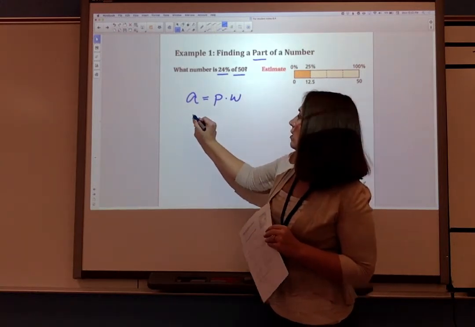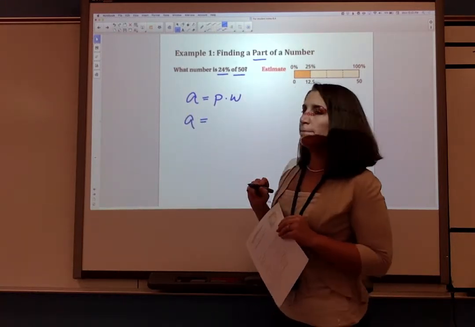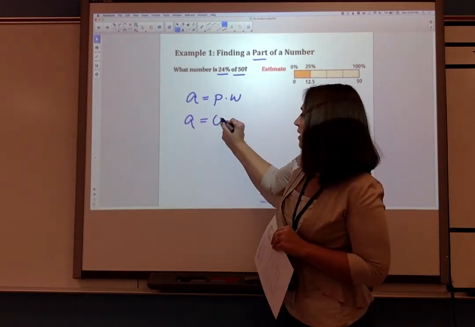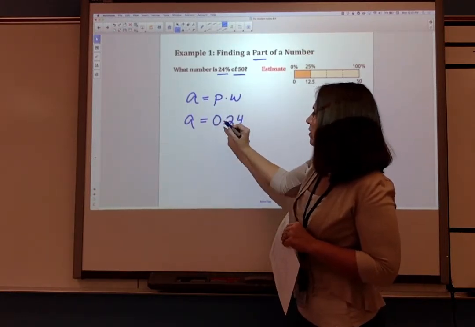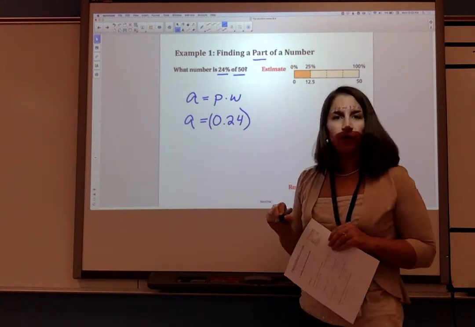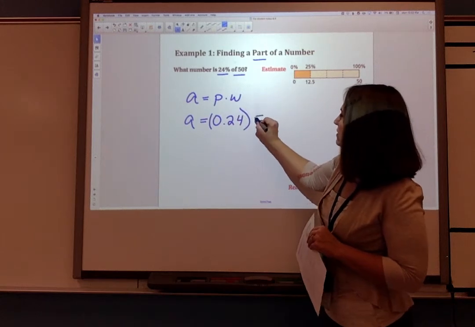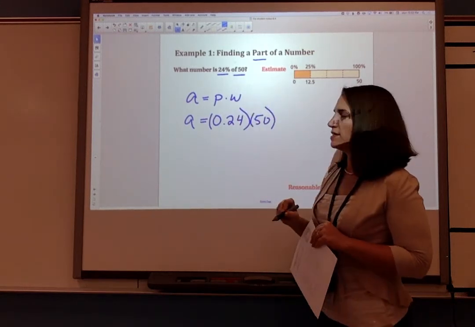So we know we're looking for the part. The percent is 24%, which we're going to write as 0.24, or we could write it as 24 over 100 if we wanted to. And then 0.24 times 50, which is the whole.